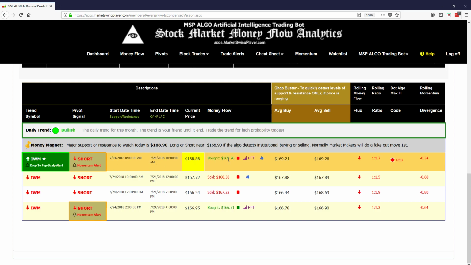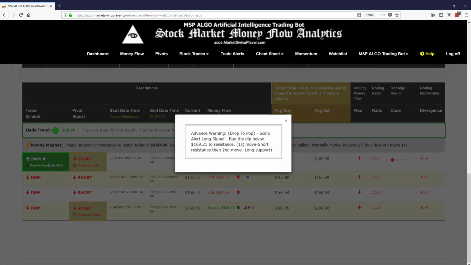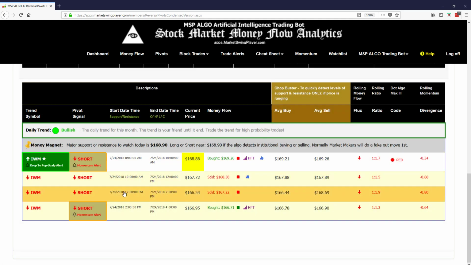Because we don't see any dropping yet. So it's telling us it's going to drop to pop. What type of trade to take? What's the first move? We see when there's resistance, short.